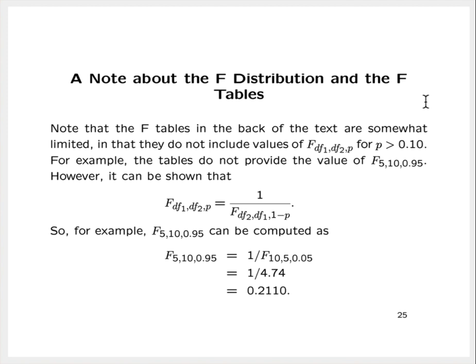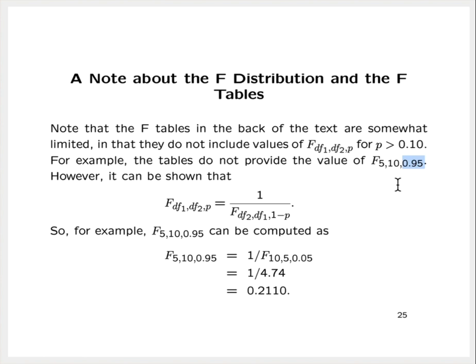The F tables in the back of our notes or on the website are somewhat limited because of the nature of the F distribution, and they do not include values with upper tail areas P where P is greater than 0.1. So for example, the tables do not provide the value for the upper 0.95 percentage point of the F distribution for any combination of numerator and denominator degrees of freedom.